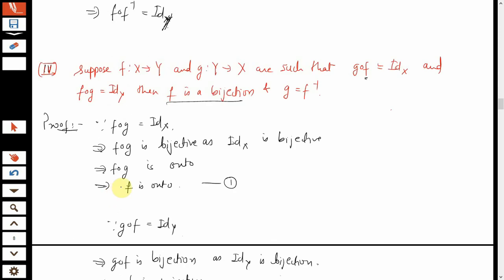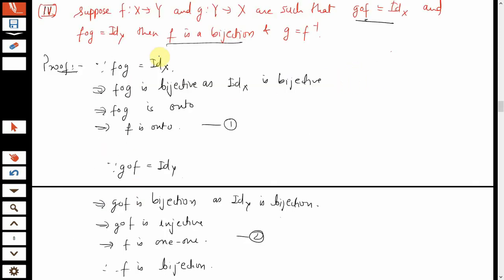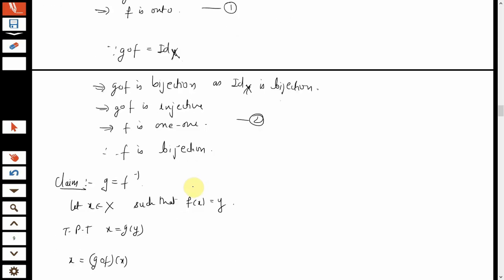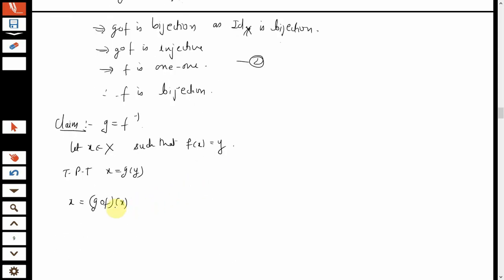Yeah, I think I made an error over here. This is the identity map on y, and this is an identity map on x. So this is y and this is x. Everything else will remain the same. I cannot consider f composite g over here. F composite g is not a map from x to x, it's a map from y to y.